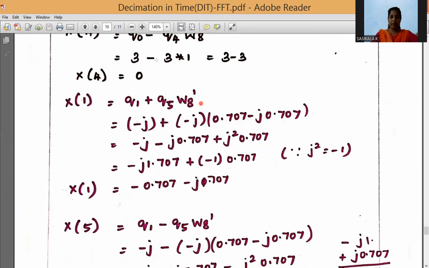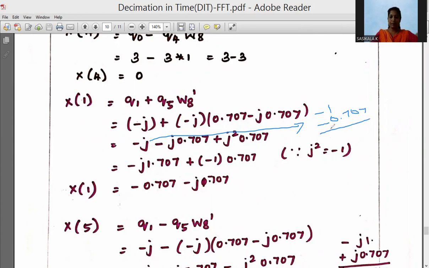Here this is minus j, so consider only the imaginary term. The coefficient of the imaginary term is minus 1. And here minus j is the imaginary term, so here I am having minus 0.707. Both have the same sign, so I have to add.